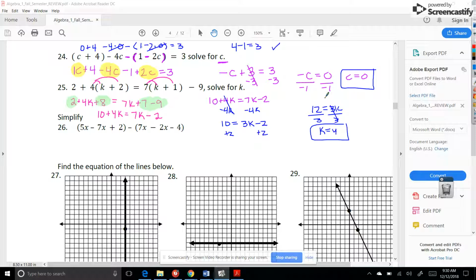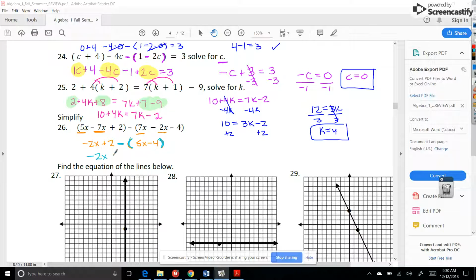Okay, in number 26, they are just asking us to simplify, so combining like terms. So I see I have 5x minus 7x. And then I have 7x minus 2x. Again, just like that last one, I am subtracting this entire quantity.